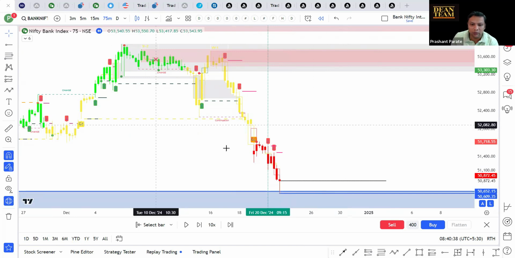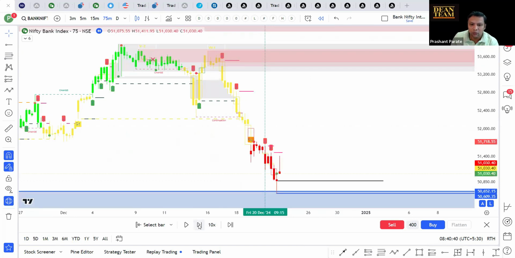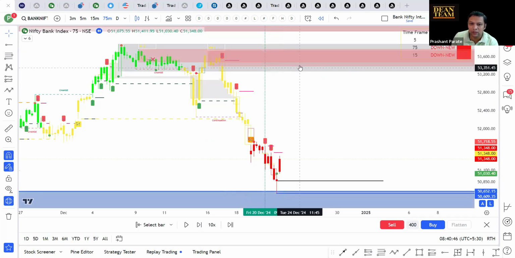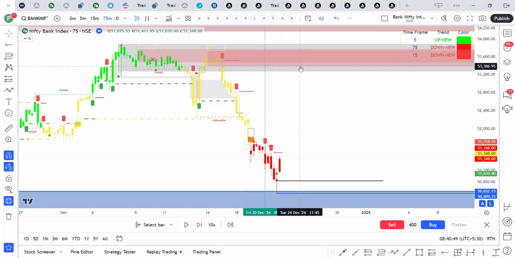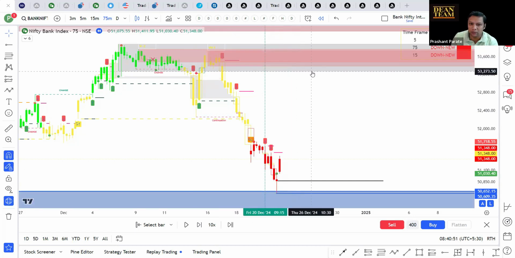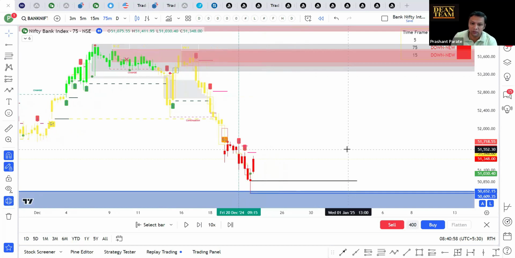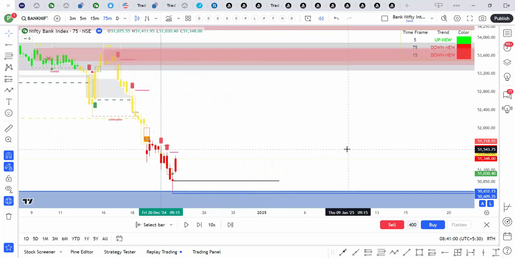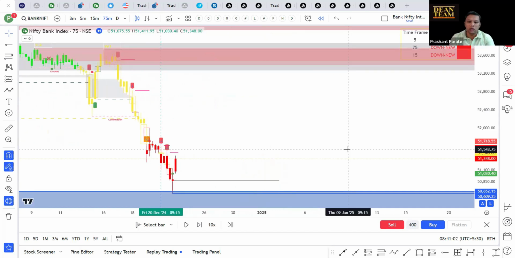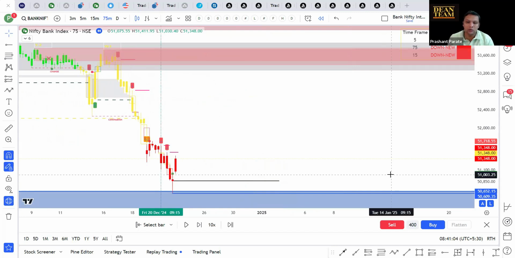So what people will do when there is an up move, they will feel that this is a hammer reversal, next day there is a reversal, so it will go immediately to this level, and this is a V-shape reversal. A V-shape reversal can happen 20% of times; 80% of times a V-shape reversal does not happen. Right. Then if there is no V-shape reversal, what are the other reversal patterns which we can choose?